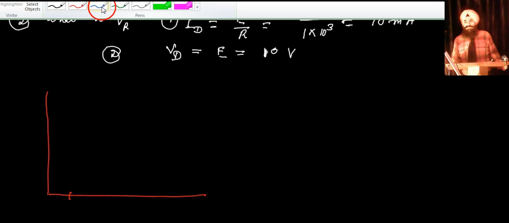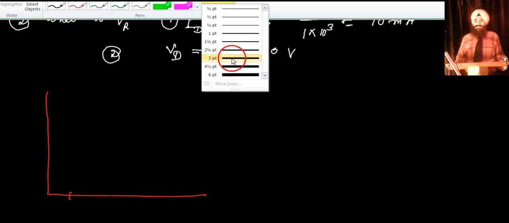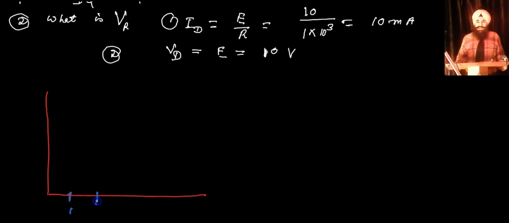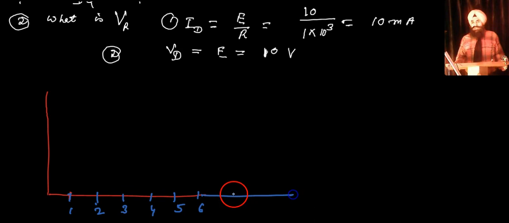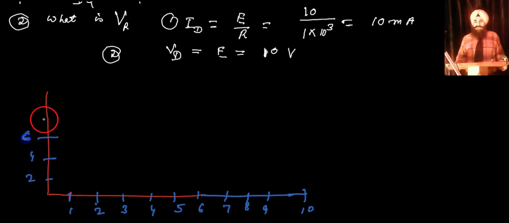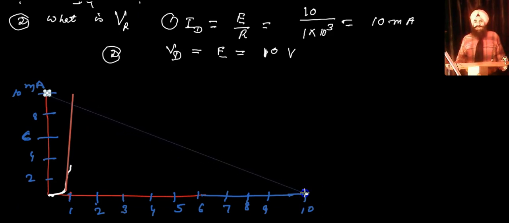Along the x-axis, I've chosen 2 volt, 4 volt, 6 volt, 8 volt, 10 volt, up to 10, because we have a 10 volt battery. Now along the y-axis, the current, we have 10 milliampere maximum. So selecting the 2 points, this is first of all the characteristics curve, and now this is our load line joining the 2 points.